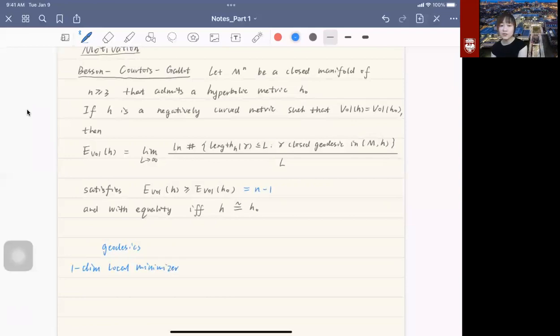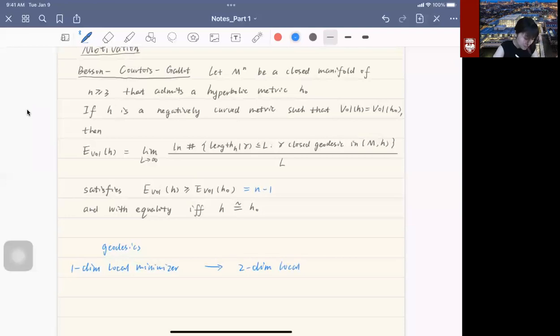So it's natural to ask if we can extend this result to some higher dimensions. For example, can we discuss this result when the dimension is equal to 2? So we are going to look at the 2D local minimizer.